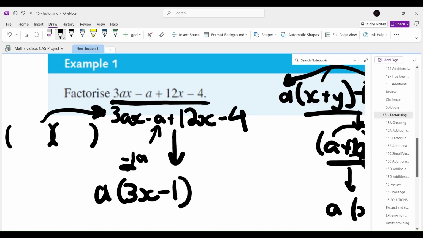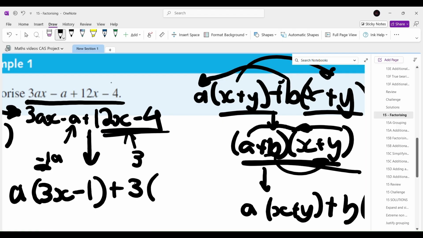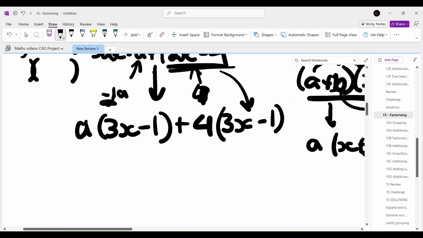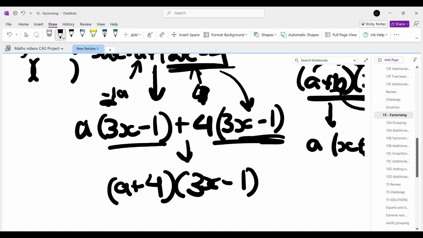Then we can take 4 out of this part of the equation, so we have plus 4 times (3x minus 1), because this divided by 4 gives us 3x minus 1. As you can see here, we have two of the same factor, so we can simplify down to (a plus 4) times (3x minus 1).